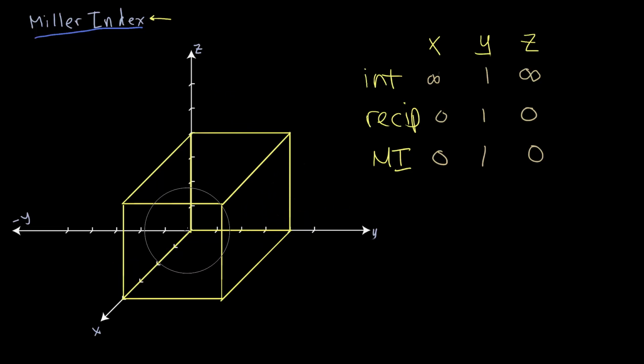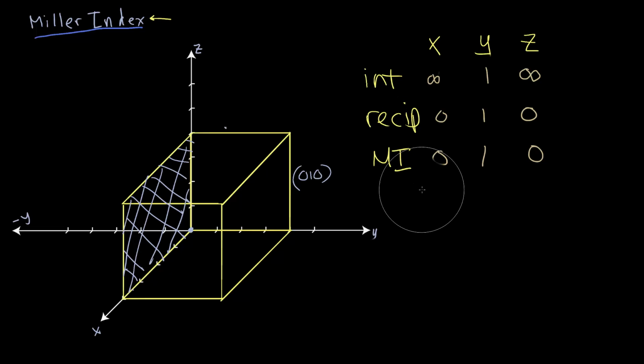You might be wondering, what about the other planes? What if we look at this face of the crystal? We saw that the face opposite of it is the 0, 1, 0 plane. But this plane intercepts at what we're calling y equals 0.